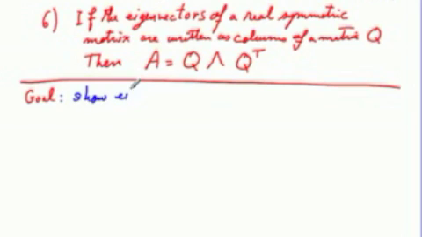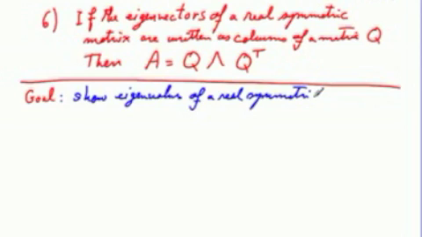Show eigenvalues of a symmetric matrix are real. Notice that we are really making a grand statement, because there are so many such matrices out there, and we are saying all of them have such a property.